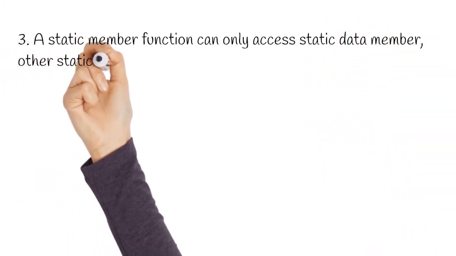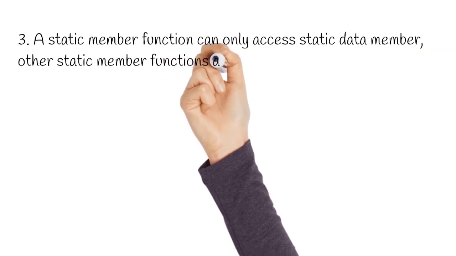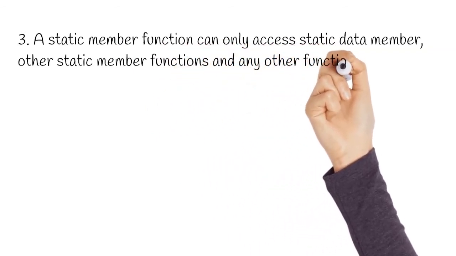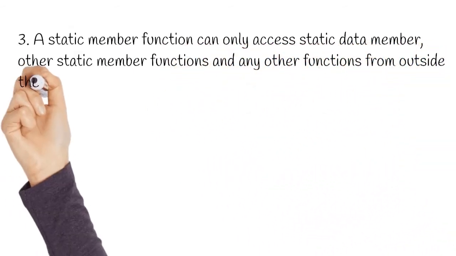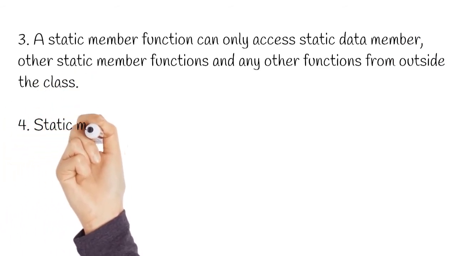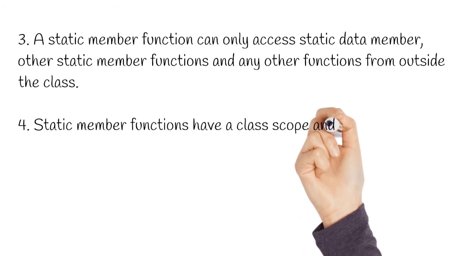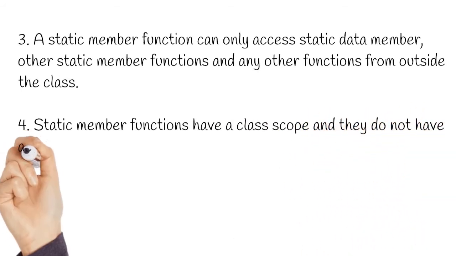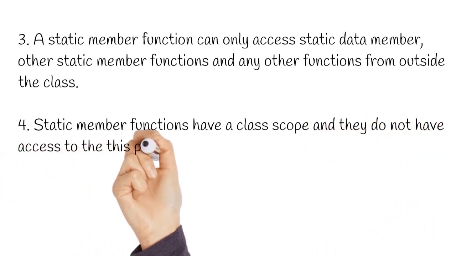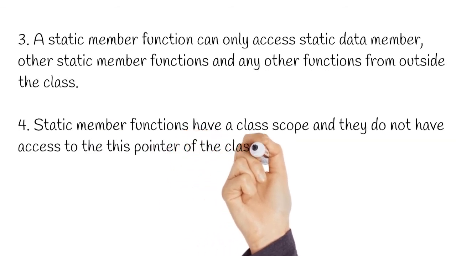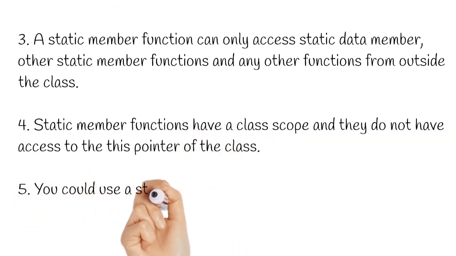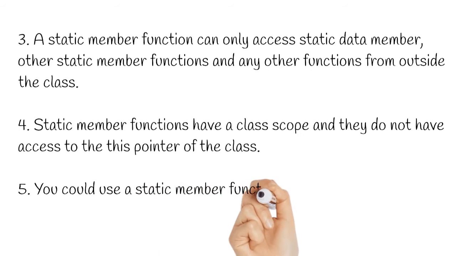A static member function can only access static data members, other static member functions, and any other functions from outside the class. Static member functions have a class scope and they do not have access to the this pointer of the class. You could use a static member function to determine whether some objects of the class have been created or not. So this is about the static function members.